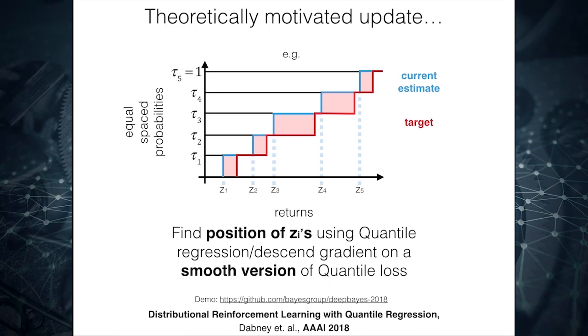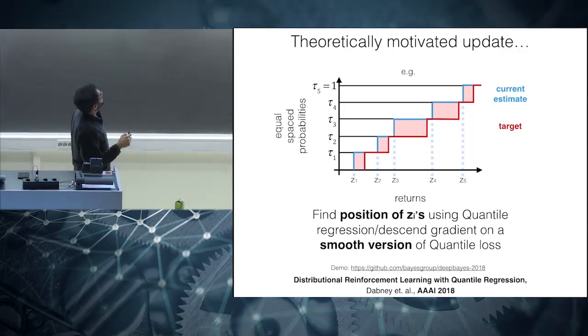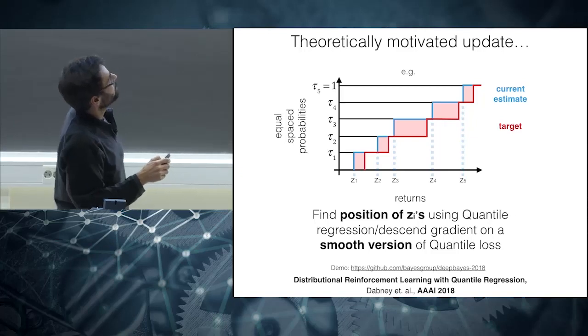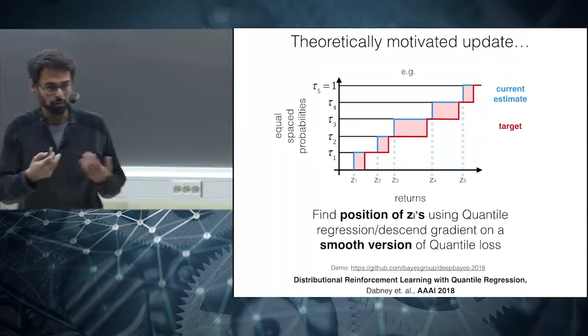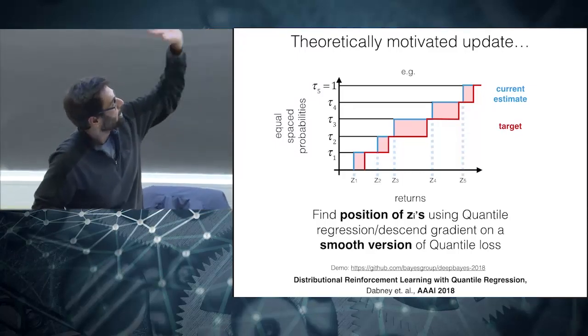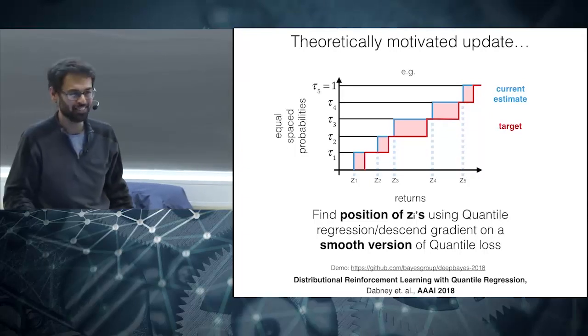That's all what it is. And you want to find the return values that separate these masses. That's what's happening. So essentially you're trying to find the position of these z's given, say, a target that you also define in this quantile space. And you use a quantile loss and you get rid of the error and it works beautifully.